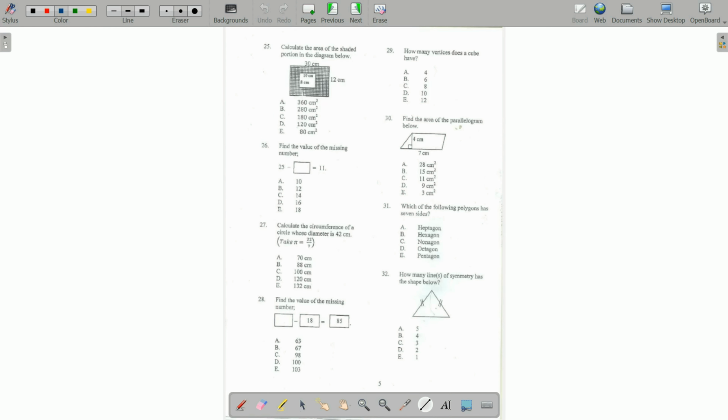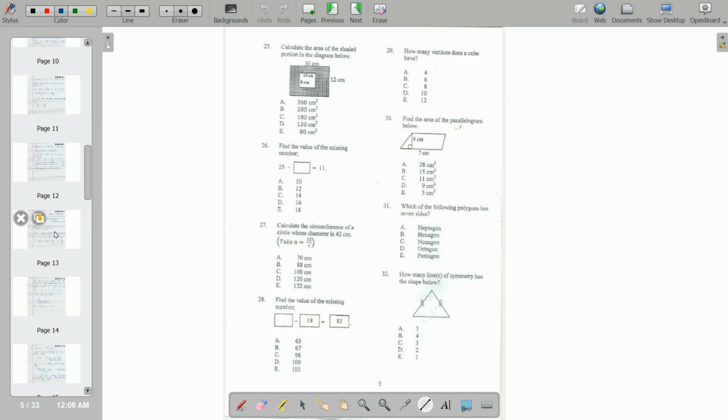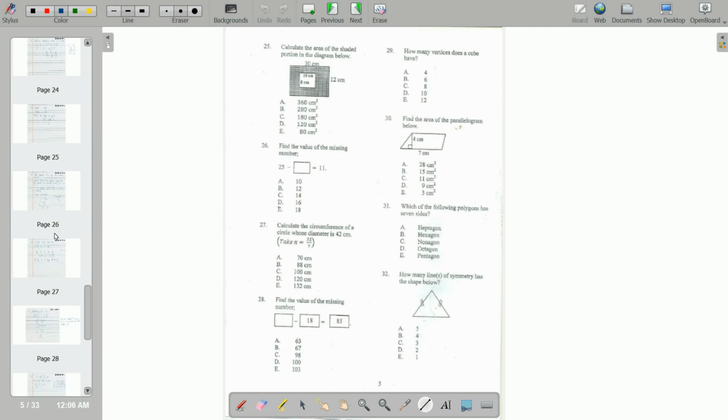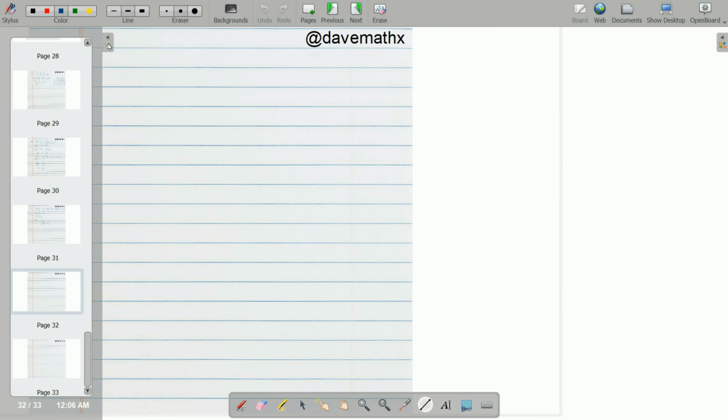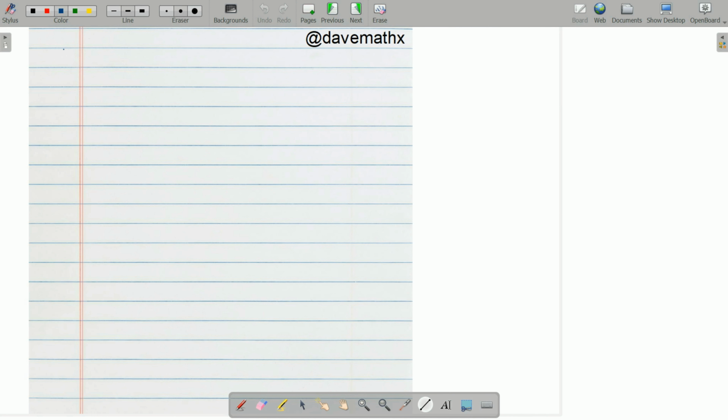Next is question 25. Calculate the area of the shaded portion in the diagram below. Since the shape is rectangle shaped, the area is equal to the length times the width.